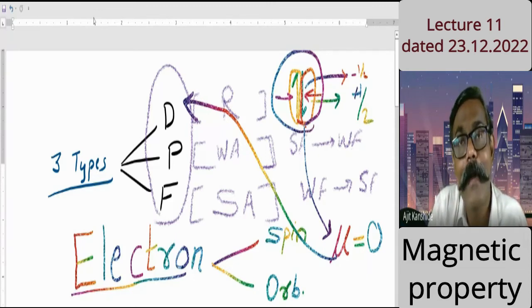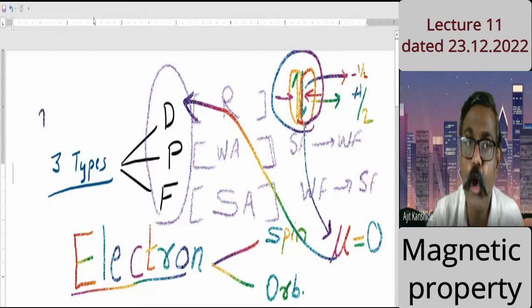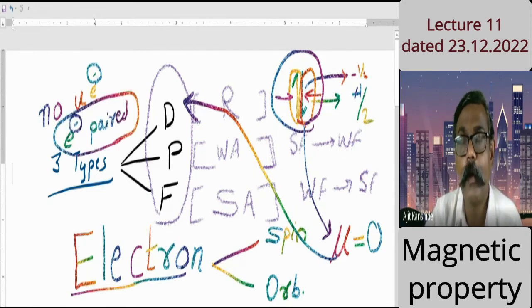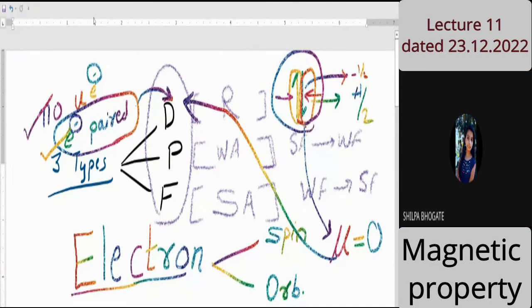So listen carefully now. If there is no unpaired electron, or if all electrons are paired, then the compound or material or ion will be diamagnetic.